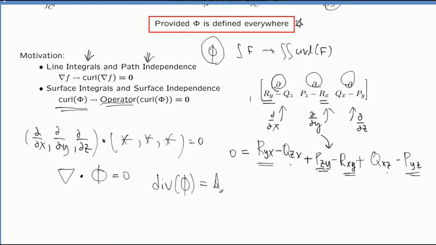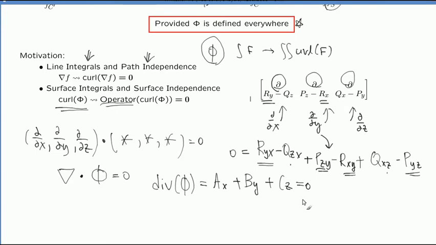I'm going to call that one the first component with respect to x, second component with respect to y, third component with respect to z. That's what we just did over there, right? If that's 0, it seems like it is coming from the curl of something. If it is the curl of something, that must be 0.